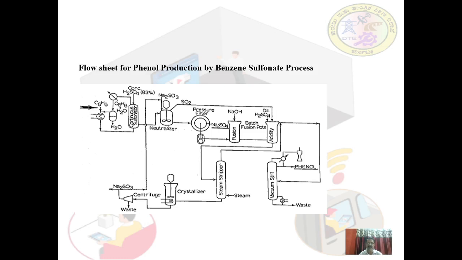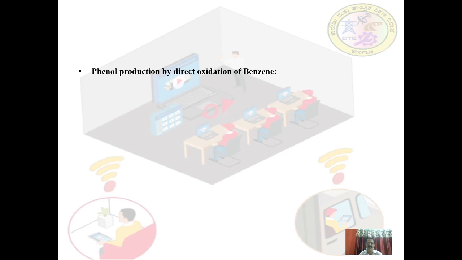The next method of phenol production is direct oxidation of benzene. The reactions involved are chemical reactions.